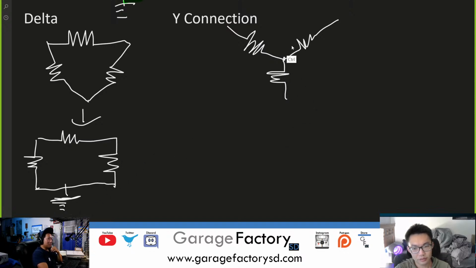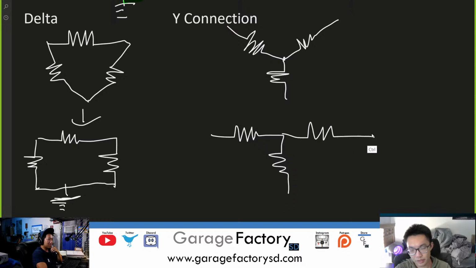And then this is also known as a T network. So it looks like a T. We'll just go over this next time, once I study up what this is. No time next time.